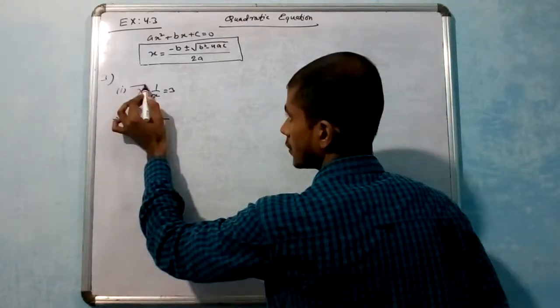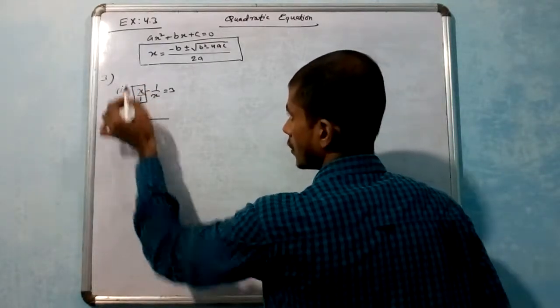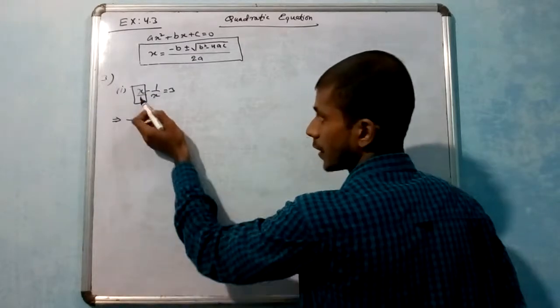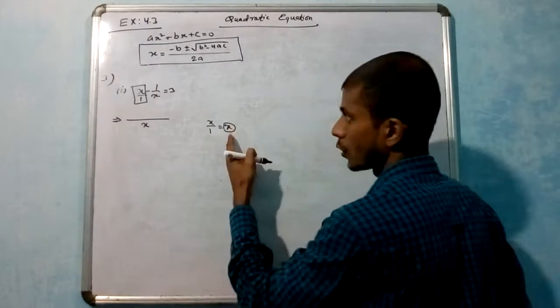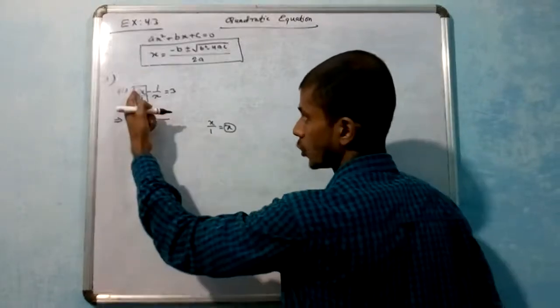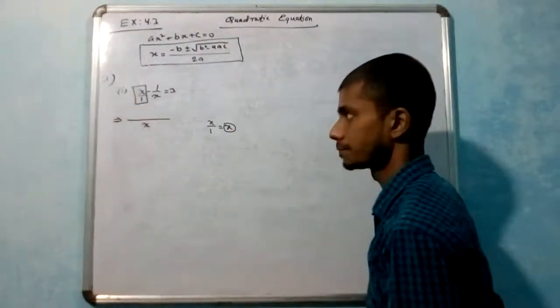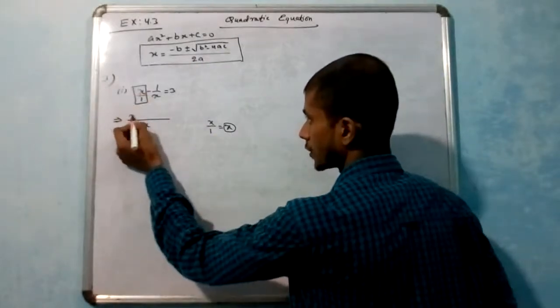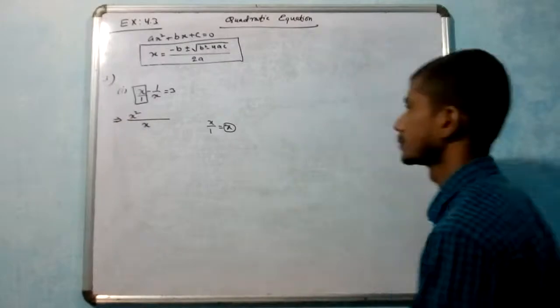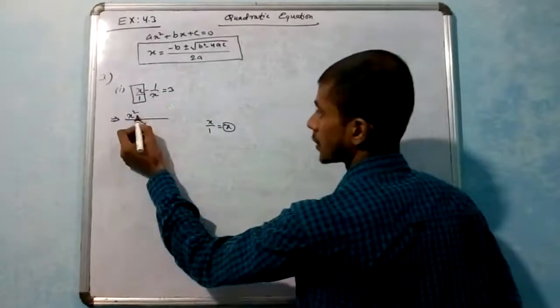Come to the first fraction. Divide this LCM by 1, so x by 1 means x only. Whatever quotient we got, multiply that quotient with the numerator. Multiplying this quotient with the numerator, we are getting x square. Then the minus sign.